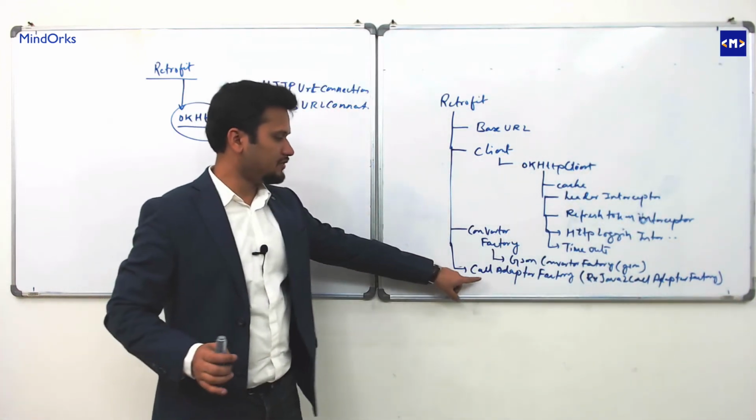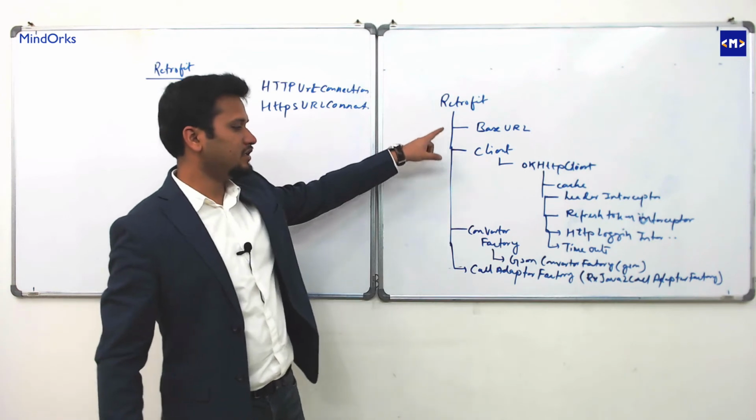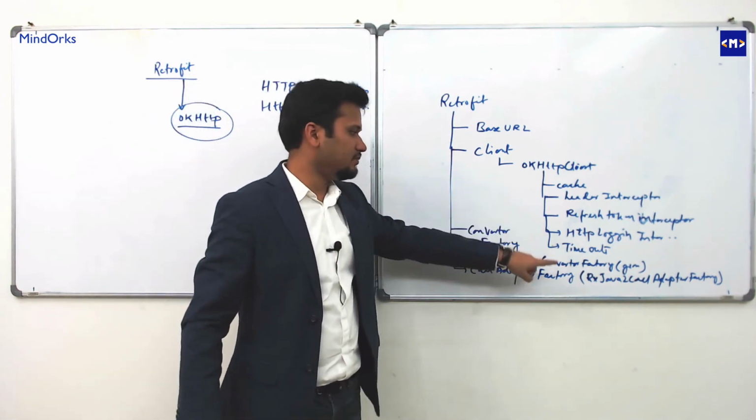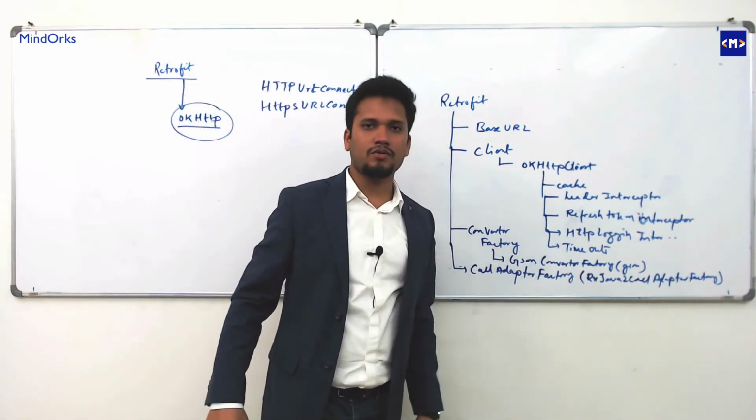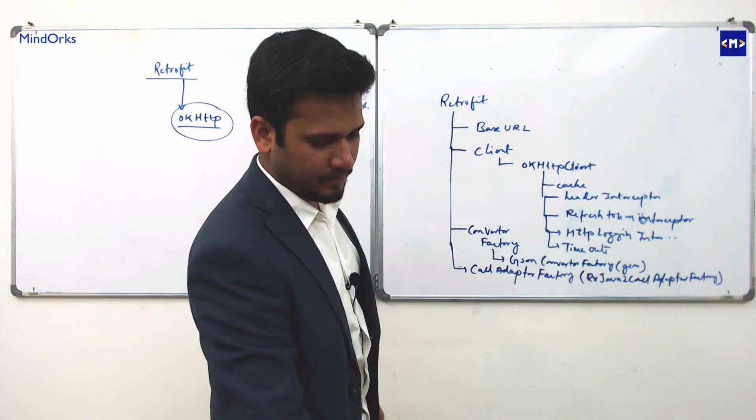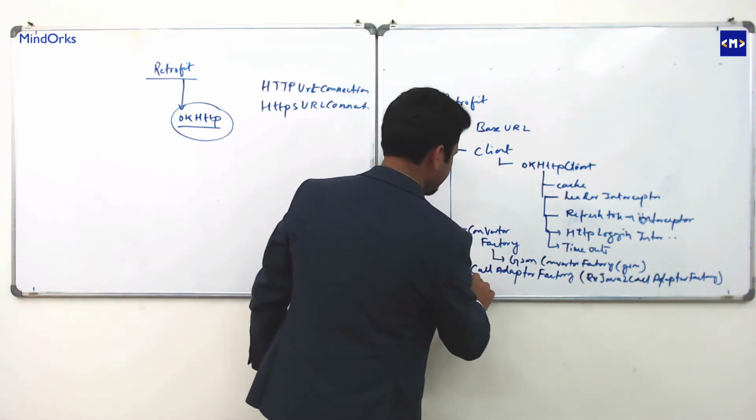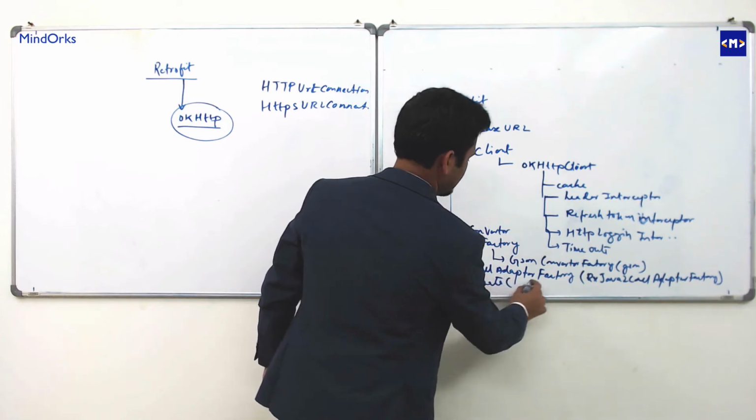In the call adapter factory, I'll tell Retrofit whatever response you are getting, provide it into the RxJava observables. And then when we create it, we need to pass something here.